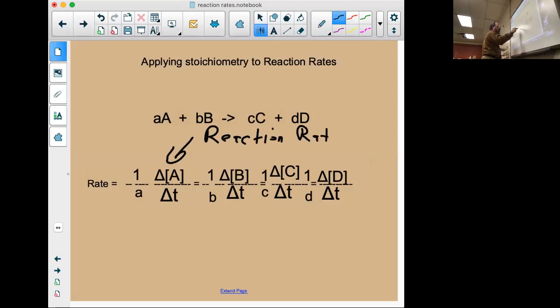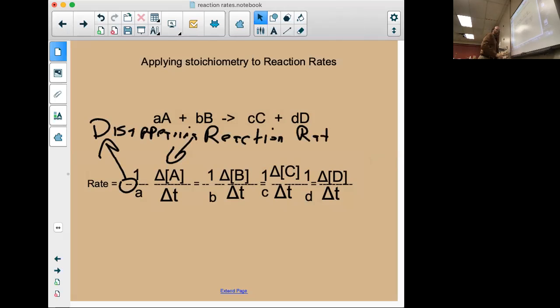Brackets again mean concentration. And again, all the negative here just means that it's disappearing. That is equal to 1 over c, the change in the concentration of C over delta t, is equal to 1 over d, the rate of change of the concentration of D.